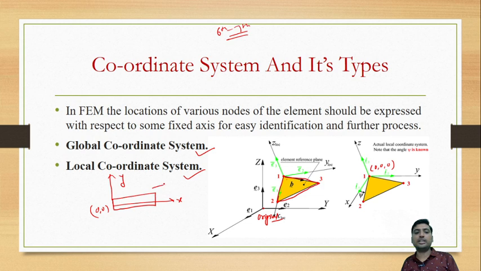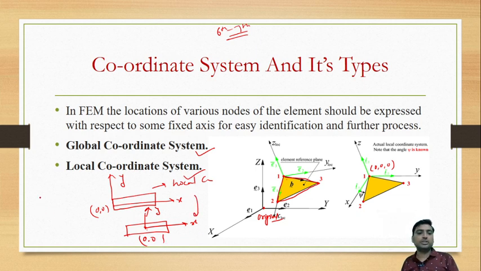So this is called a local coordinate system, because the origin lies on this element itself. Or like this also: y-axis, x-axis, and at this point 0, 0 lies in between the element, so this is also a local coordinate system.